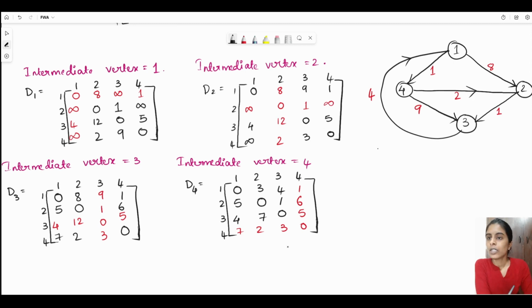So now, these 4 matrices give me the information regarding the shortest path between every pair of vertices through any of the vertices that we want. And therefore, this is how the Floyd Warshall algorithm is applied to an example, and we can obtain the matrices wherein we have the required info to identify the shortest path between every pair of vertices.